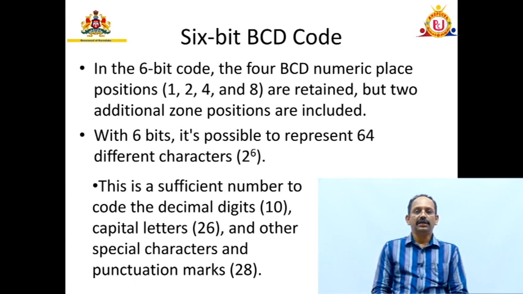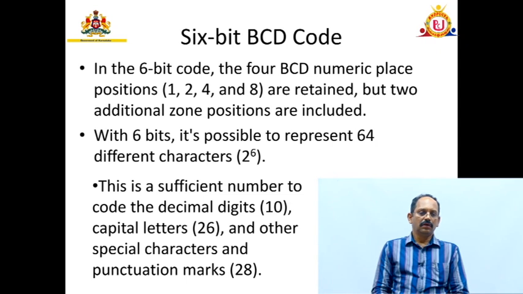So totally 64 symbols can be represented using 6-bit BCD code. So 6-bit BCD code represents numbers, alphabets from A to Z, and 28 different symbols, special characters and punctuation marks.